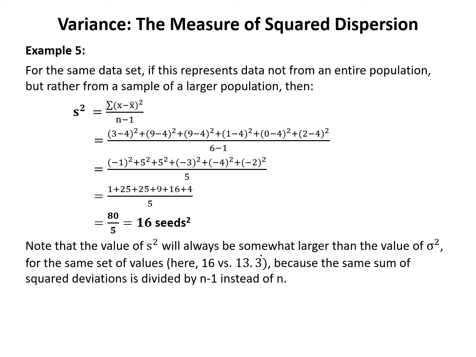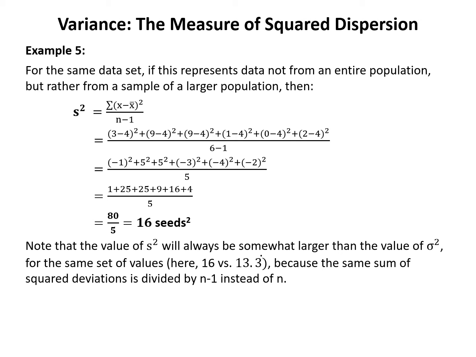We basically take the sum of the squares of the deviations, but this time we'll divide by little n minus 1. And so we end up with that same numerator value of 80, but this time instead of dividing by 6, we divide by 5. So we end up with a value of s squared equaling 16 seeds squared.